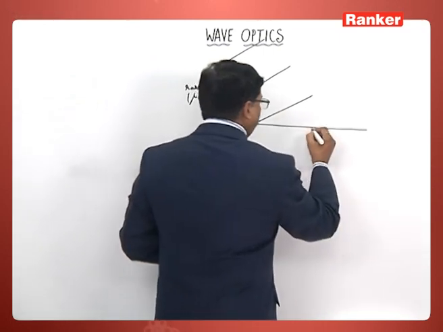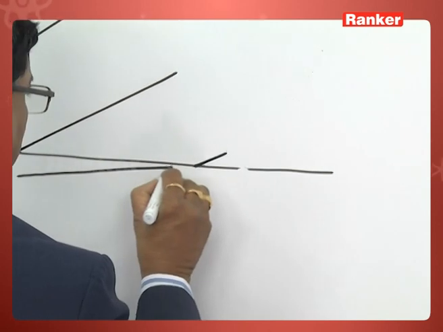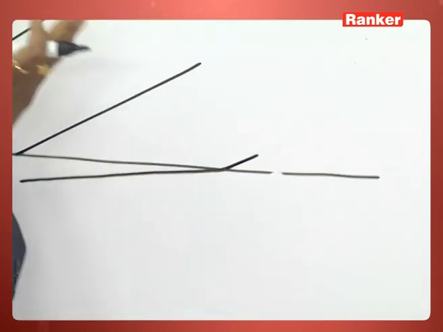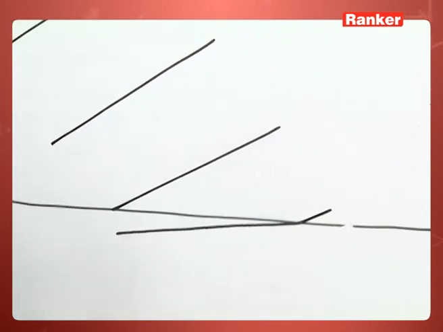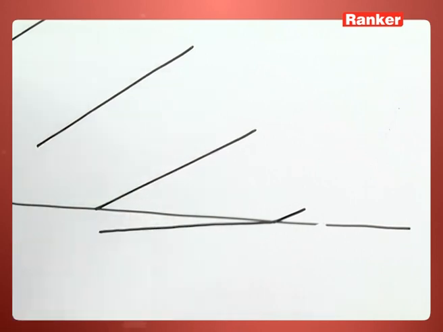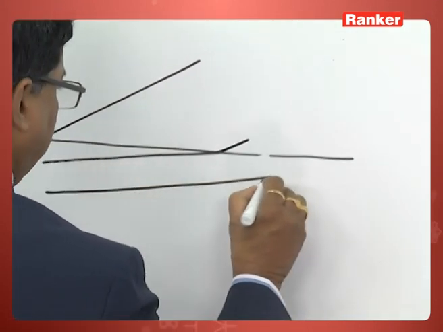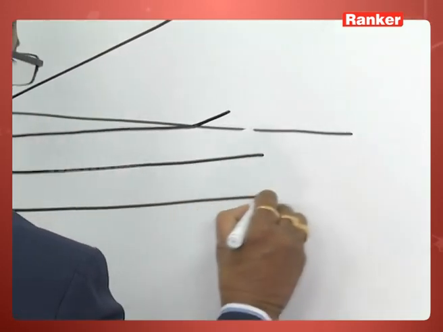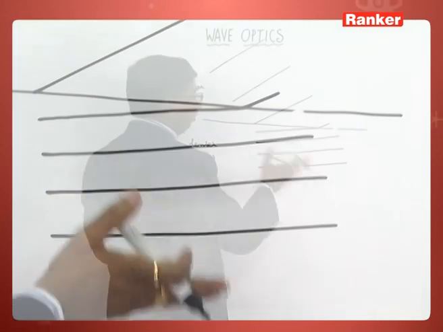Now, the moment it strikes here, a part of that wavefront will bend towards the normal while traveling through the second medium. In that sense we can say refraction is taking place. Due to that refraction of light, this is the way the wavefront travels in the second medium.